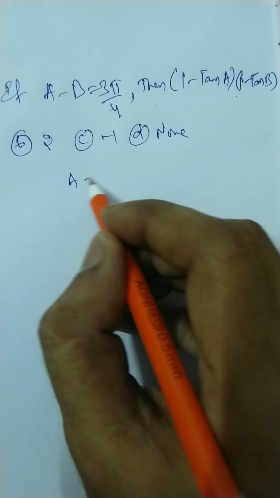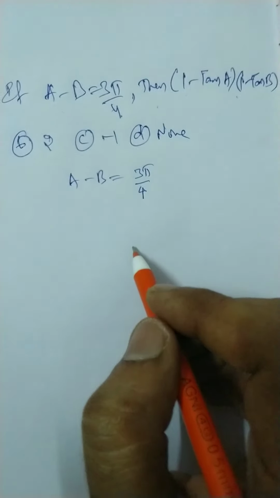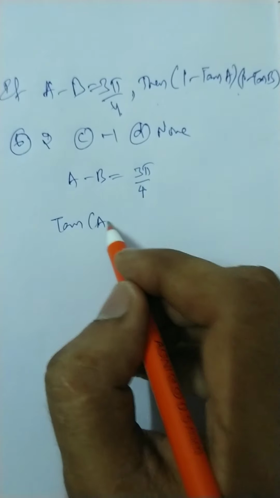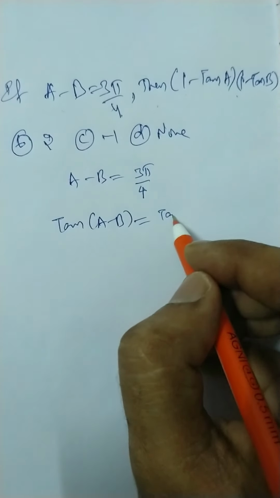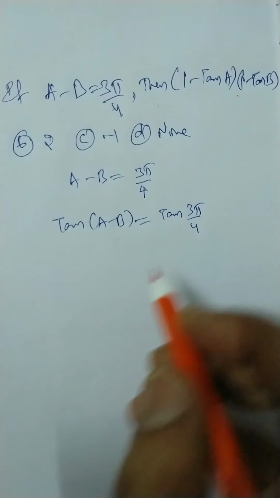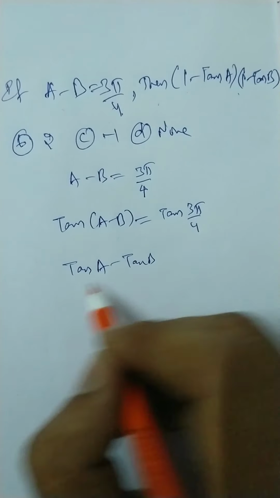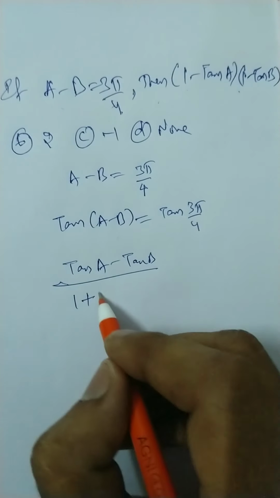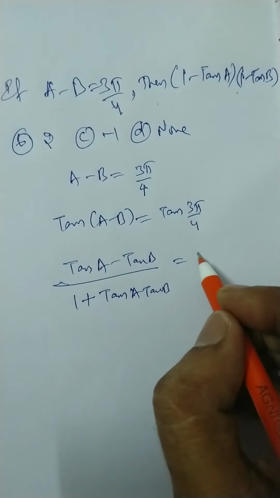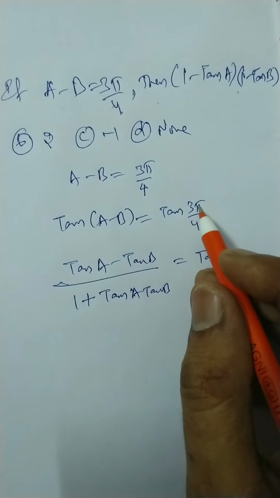So we all know a formula related to tan of difference of angles. So we apply tan on both sides. So we get tan(a minus b) equals tan of 3 pi by 4. So from this, applying the formula, (tan a minus tan b) by (1 plus tan a tan b) is equal to tan of 3 pi by 4, which is 135 degrees.